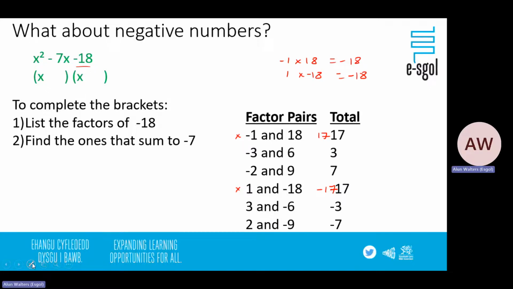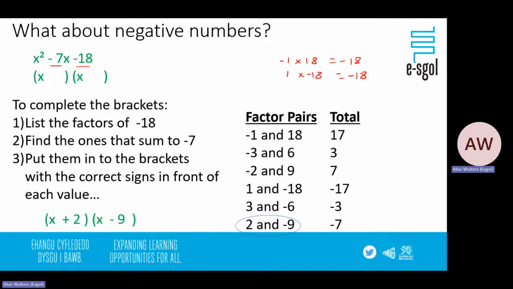And if I just clear that screen slightly, the values that sum to minus 7, because this is the value in front of the x, are shown as follows on the bottom. So you then put plus 2 and minus 9 in the bracket as follows.